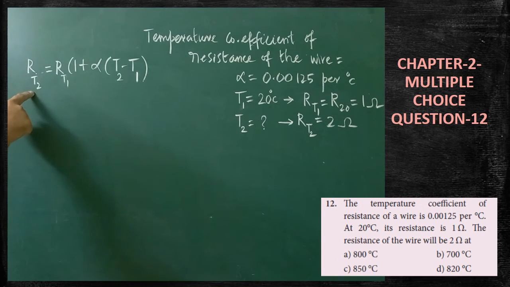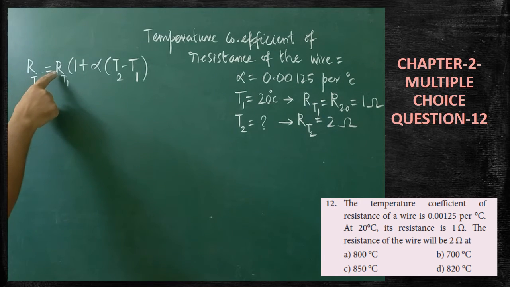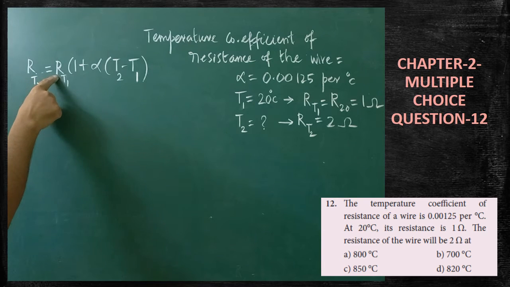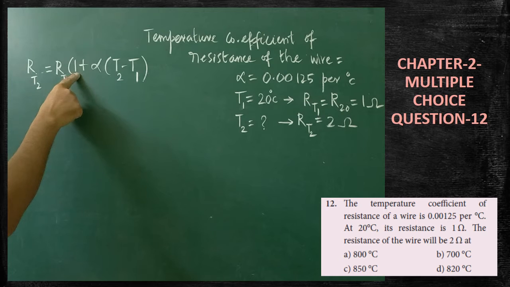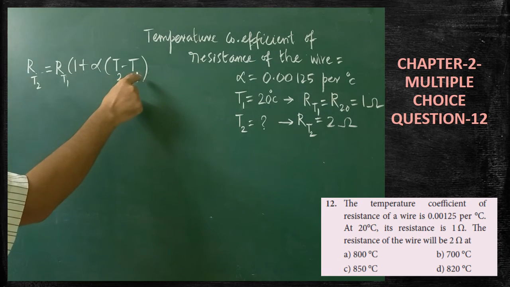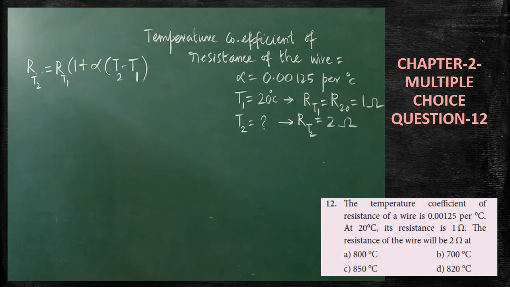RT2, the resistance at the new temperature, is equal to the resistance at the initial temperature, times, in bracket, 1 plus alpha times new temperature minus initial temperature. In that format you can modify the formula. We don't know the value of T2. Are you clear?